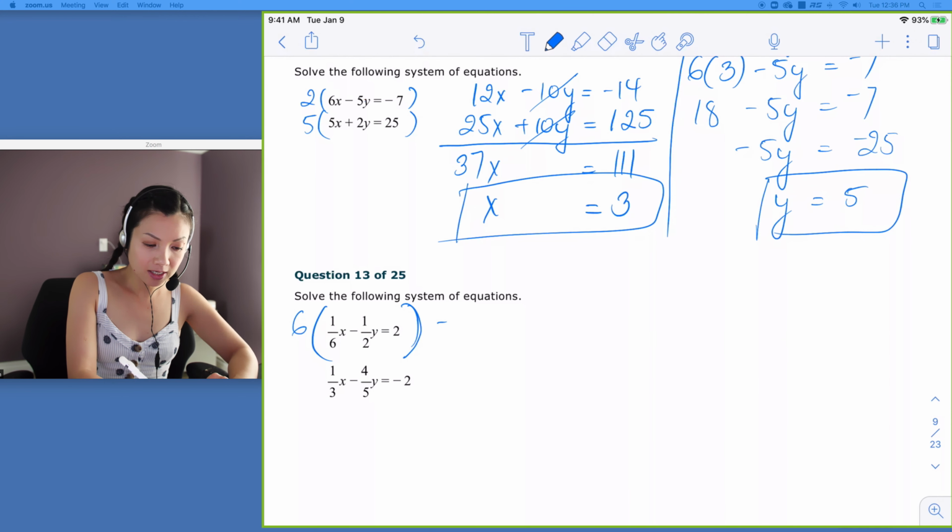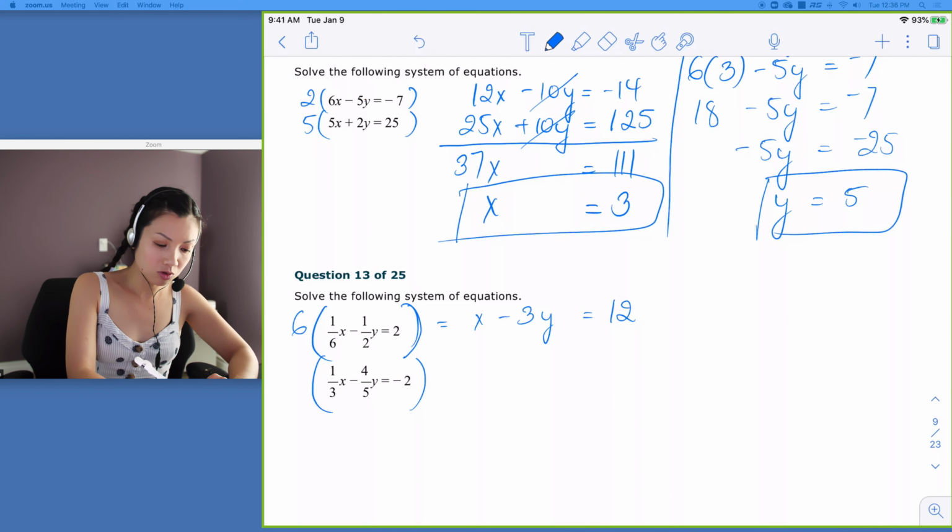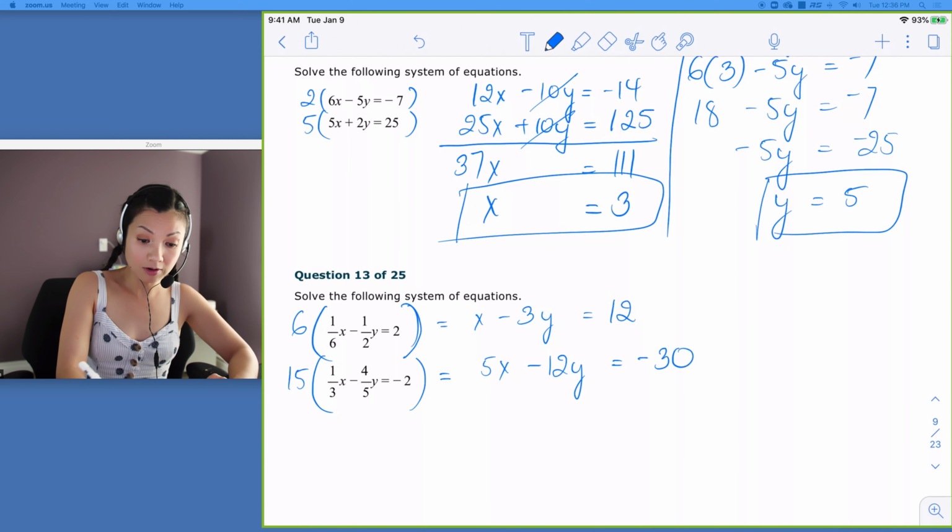So I ended up with x minus 3y equals 12. Now, the bottom one, I'm going to multiply by 15. So I ended up with 5x minus 12y equals negative 30.